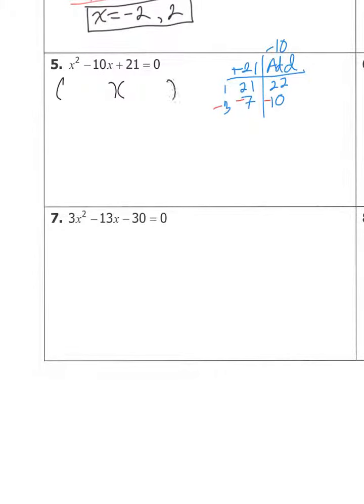So then here's my two sets of parentheses. X squared is x and x. And then I put in a -3 and a -7. There is no need to divide by anything because we didn't multiply by anything and change the equation. So we can just set these equal to 0.